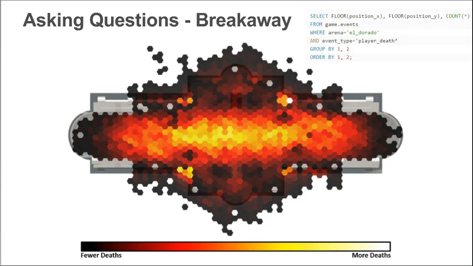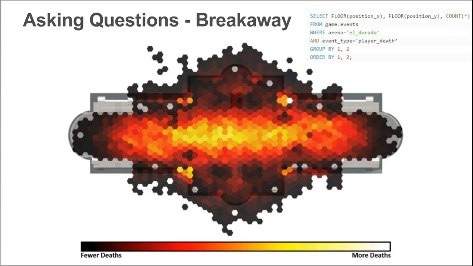What Breakaway did was they built an app to generate a heat map from the data they have in Redshift. The map shows the concentration of deaths in this particular case, but by using the right parameters they can display any information about this map with the data overlaid on it.